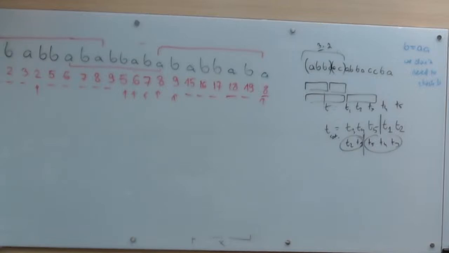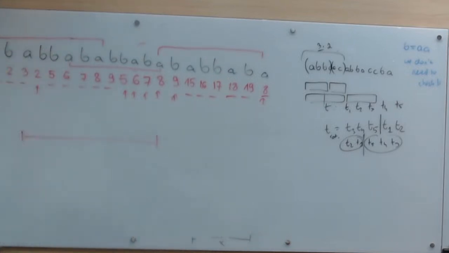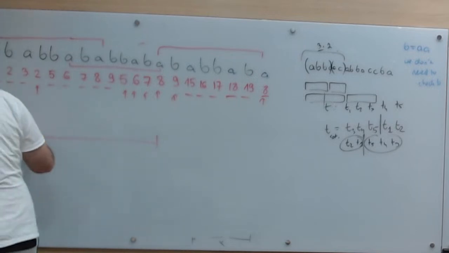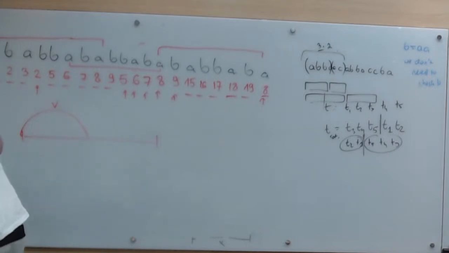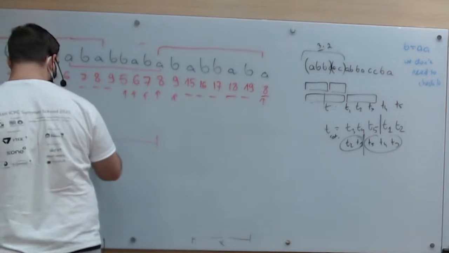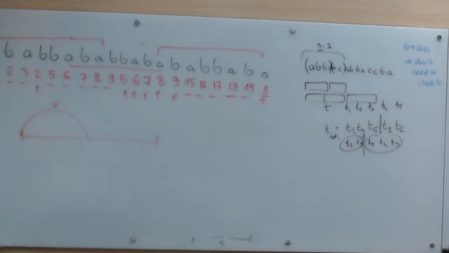So we want to say that if some word is a prefix suffix, maybe I took a picture for that. Okay, maybe let's first do something like this. Sorry for that. So let's have a whole word, and let's say that it has some prefix suffix v. One moment.